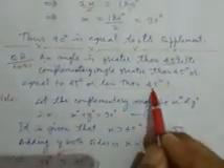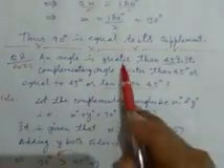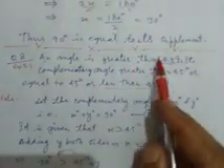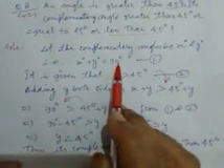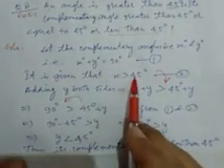So what is our conclusion? Thus its complementary angle is less than 45. This is correct, because we checked on the basis of the definition of complementary angles. The sum of complementary angles is 90, so when one is greater than 45, automatically the other is less than 45.